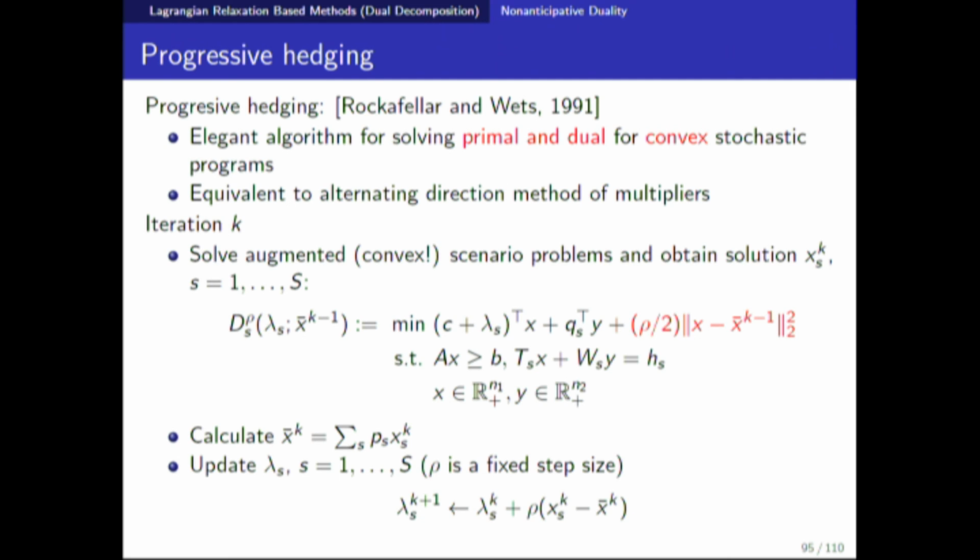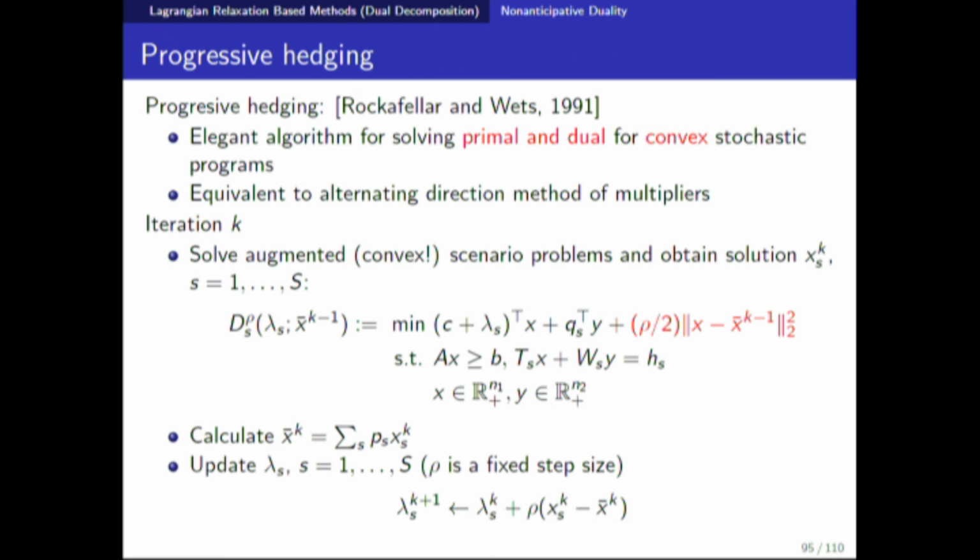So how does this work? At iteration k, and again, this is only for a convex program. This theory has been developed for convex stochastic programs, so I'll describe it now for convex programs. At iteration k, we solve this convex scenario subproblem, which looks just like the previous scenario subproblem, except everything is continuous. But we added this augmentation term, which is saying, I had my previous iterate x bar k minus 1, and I want x to not be too far away from that.